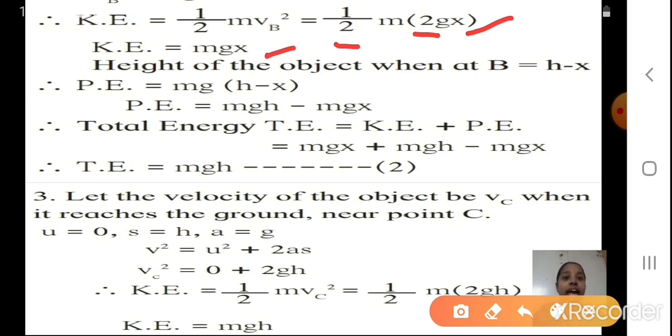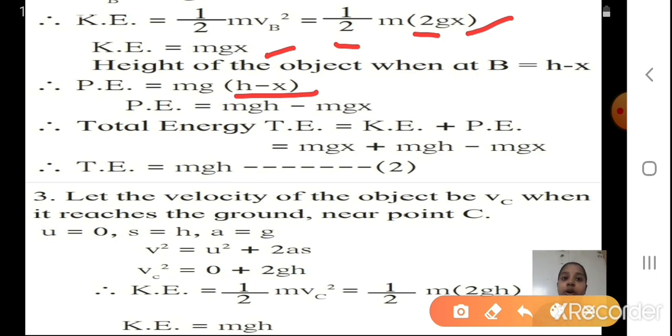Yes. Now the height of the object when at point B, what is the height? H minus x was the height from the ground. So what will be the potential energy, student? Formula is mgh. Now height is H minus x. So I have substituted this H minus x.